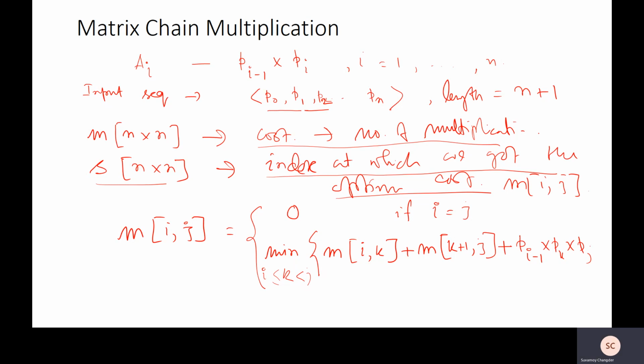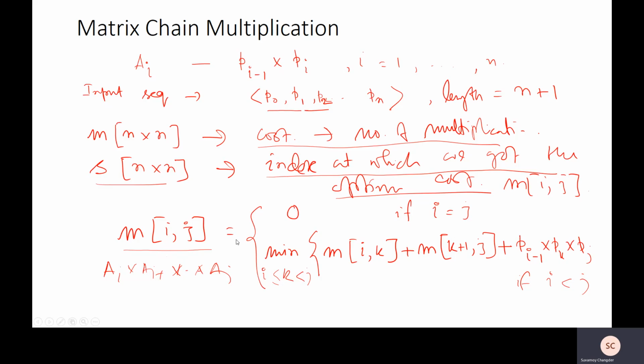So if i is less than j, that means there are more than one matrices in the chain. So Mij is the cost to multiply Ai into Ai+1 up to Aj. To multiply this, we have to consider all different possibilities, that is, to multiply i to k and k plus 1 to j.